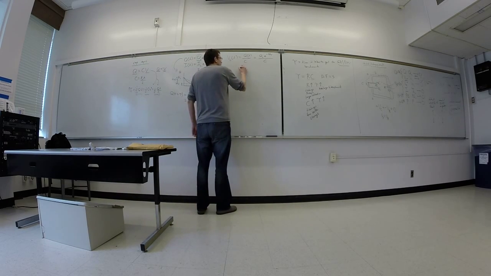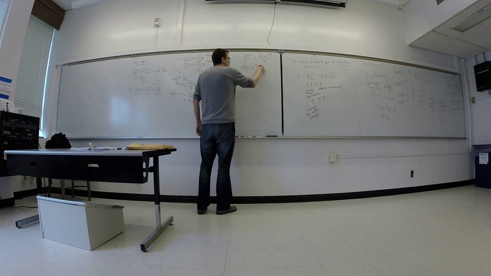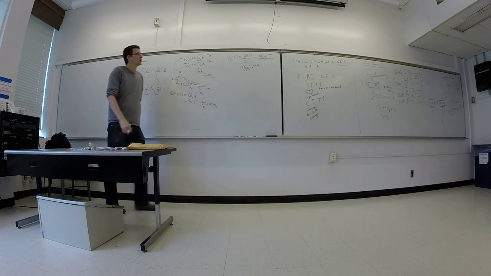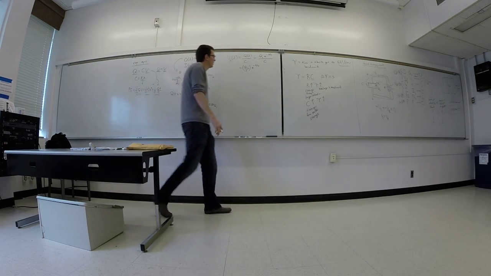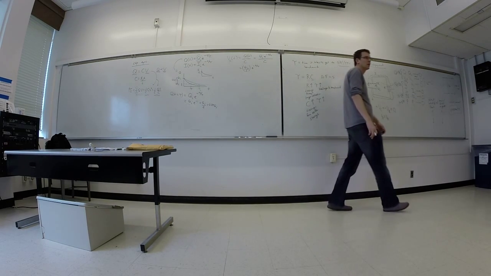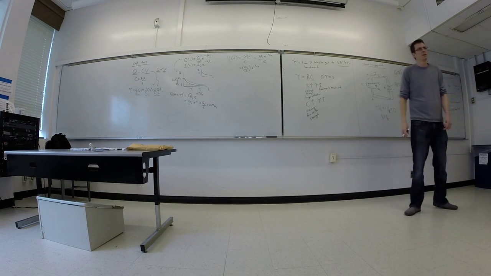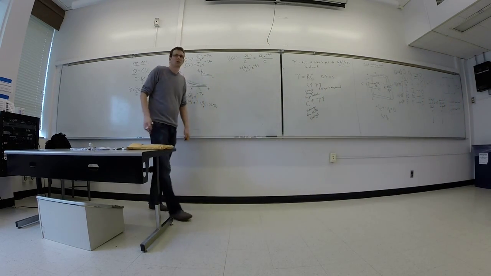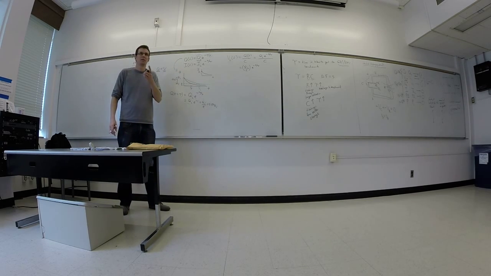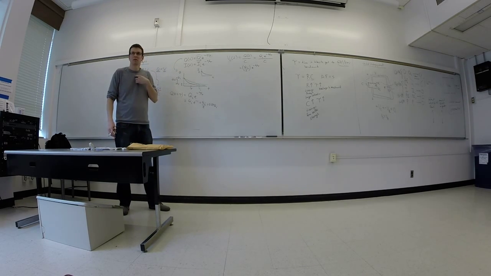And just to make it a little bit more spiffy, I might group the constants in front of the exponential. And then I can identify, what's that thing in parentheses there? Q initial divided by the capacitance. What is it? Voltage. Which voltage?